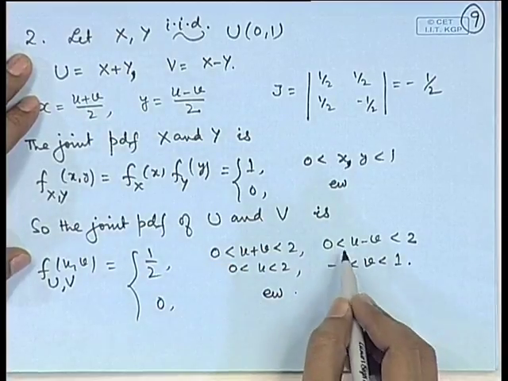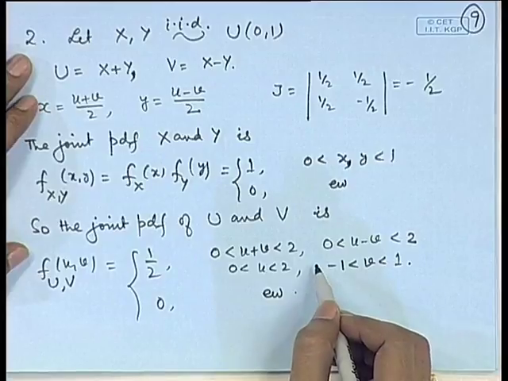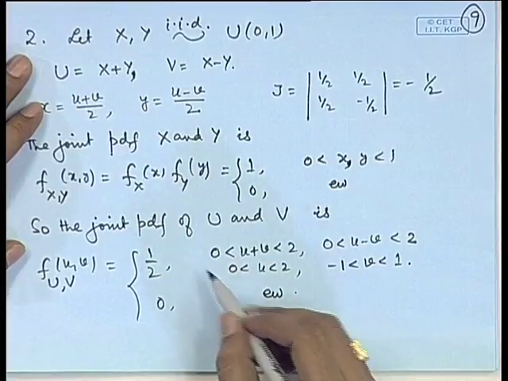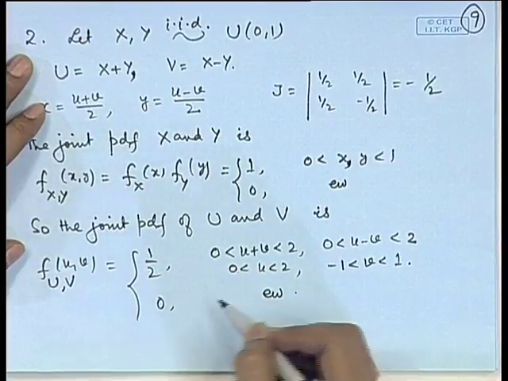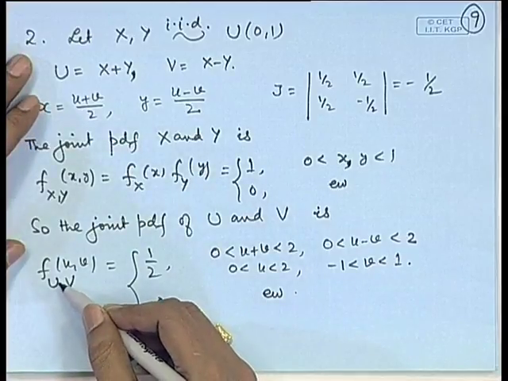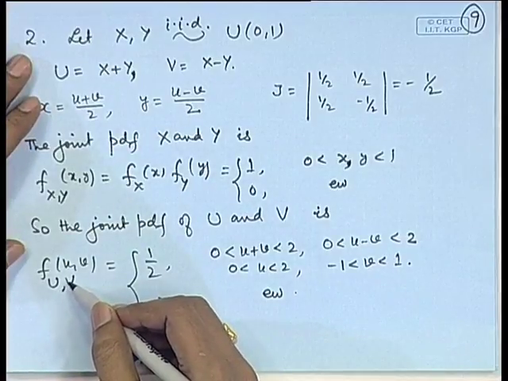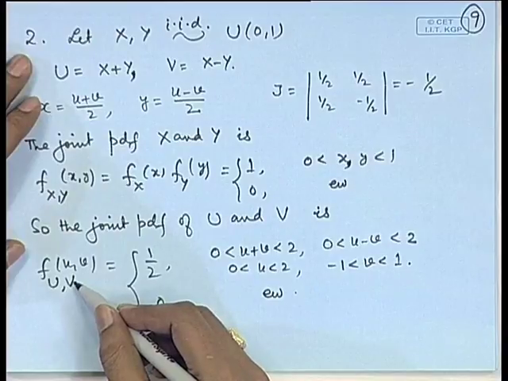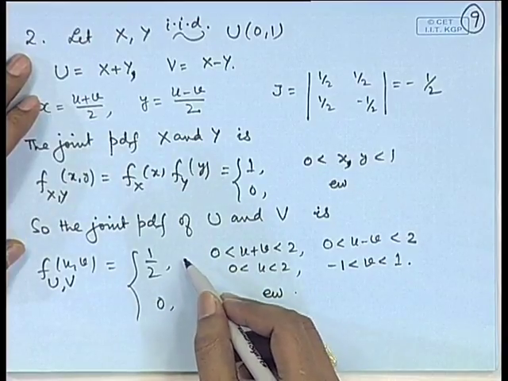This gives the joint density function of u and v. Suppose we are interested in the marginal distributions of u and v. So, in order to get the marginal distribution of u, we need to integrate this with respect to the variable v.